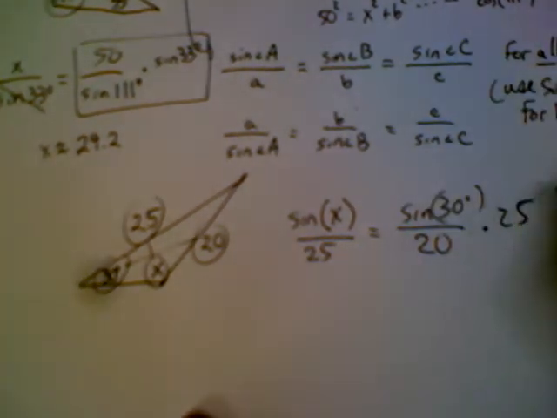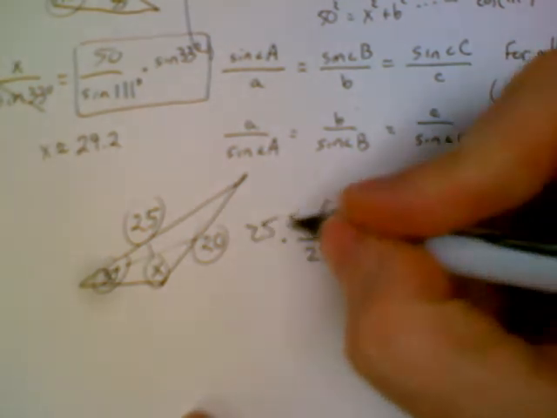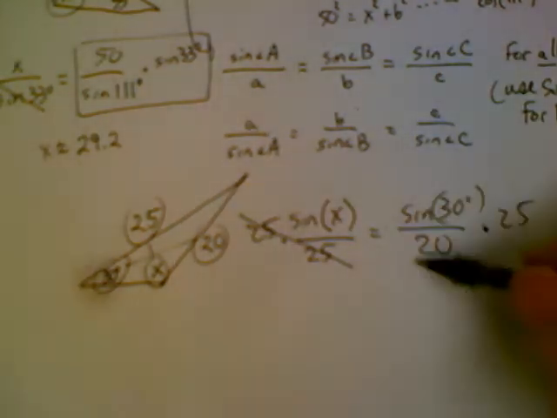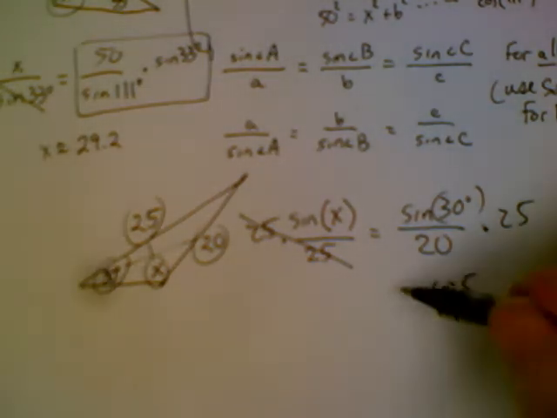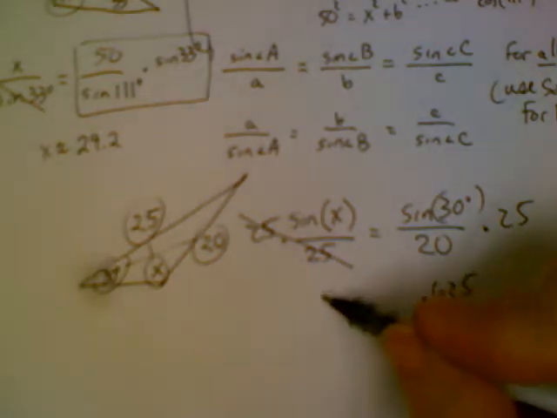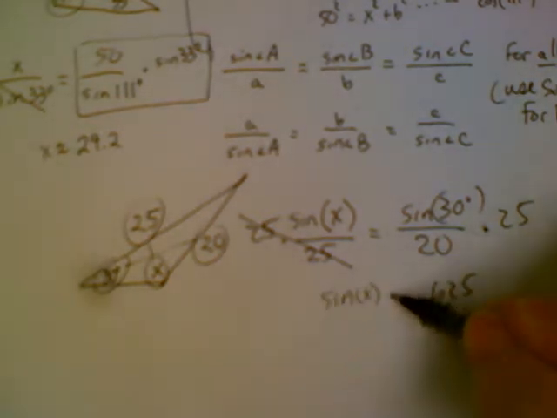First thing we're going to do is multiply both sides by 25. That will cancel out the 25s there. If you put all this in your calculator, it will give you a decimal value of 0.625. But that is the sine of x.